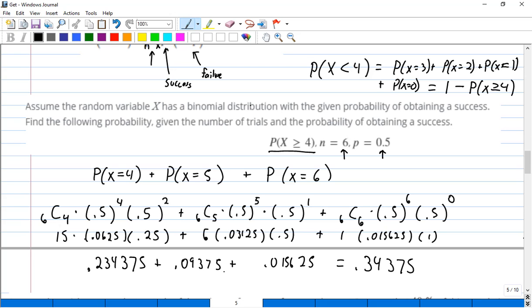If I take every possible probability, if this is any kind of probability distribution, it always has to add up to be 1. So we can use the complement of the event sometimes to help us shorten our work, if that makes sense. If it doesn't, maybe after you work a couple, it'll make a little more sense.